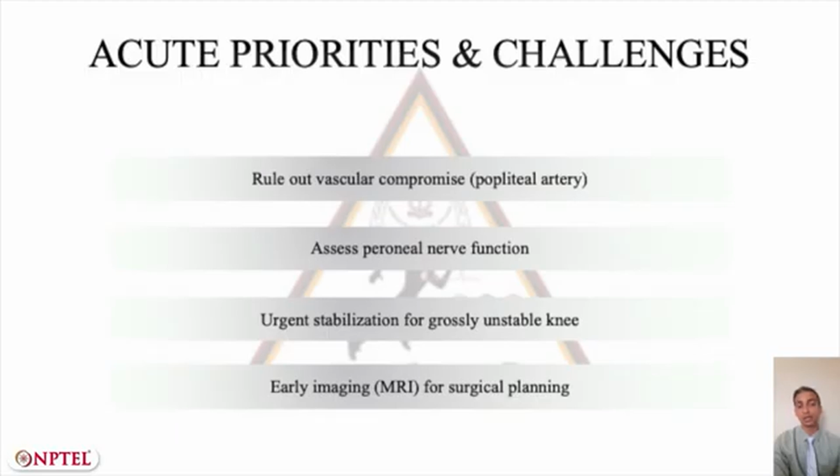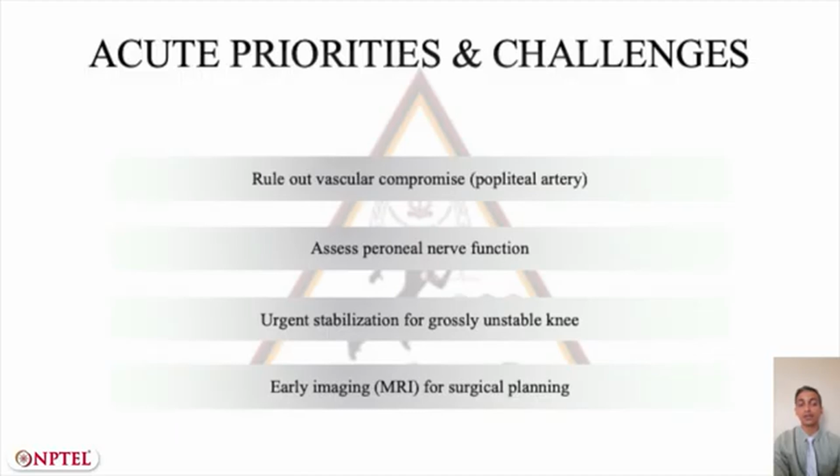And it also supplies the posterior leg muscles through its muscular branches. The artery terminates by bifurcating into the anterior and posterior tibial arteries. It supplies blood to the lower leg and foot. Injury to the popliteal artery can be limb-threatening.